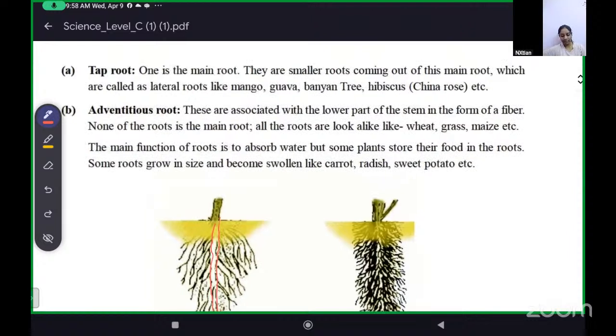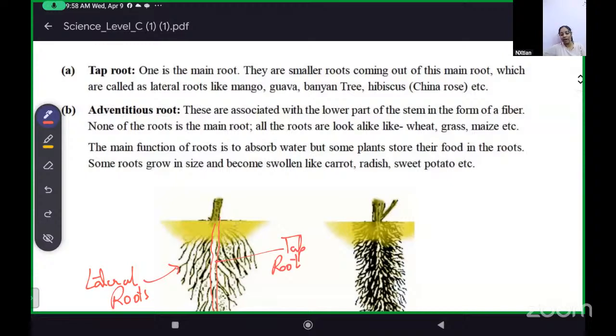In taproot, one is the main root, and the smaller roots coming out of it are called lateral roots. The center one is the taproot.